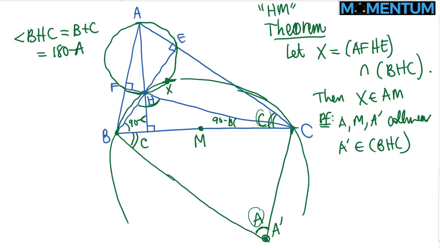So we have shown that A prime is indeed on that circle. Let me just draw that circle. It should go through that point A prime. So that's the first step.